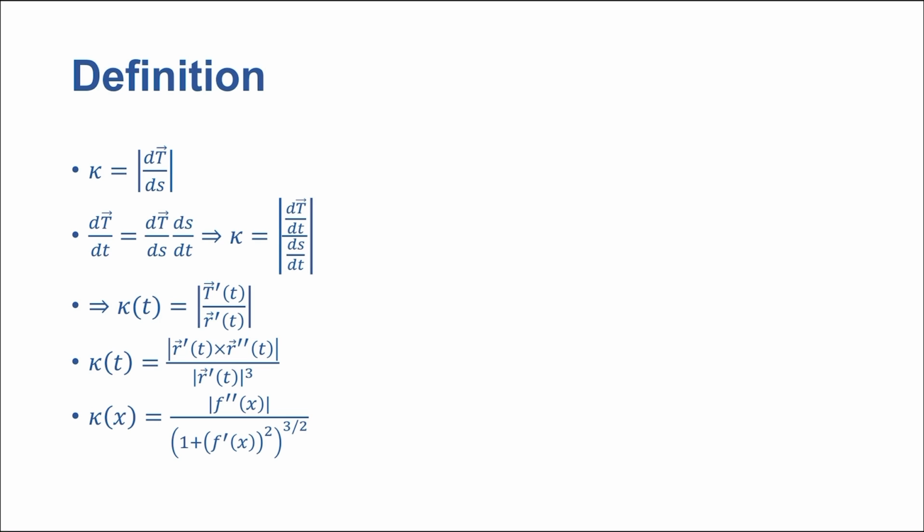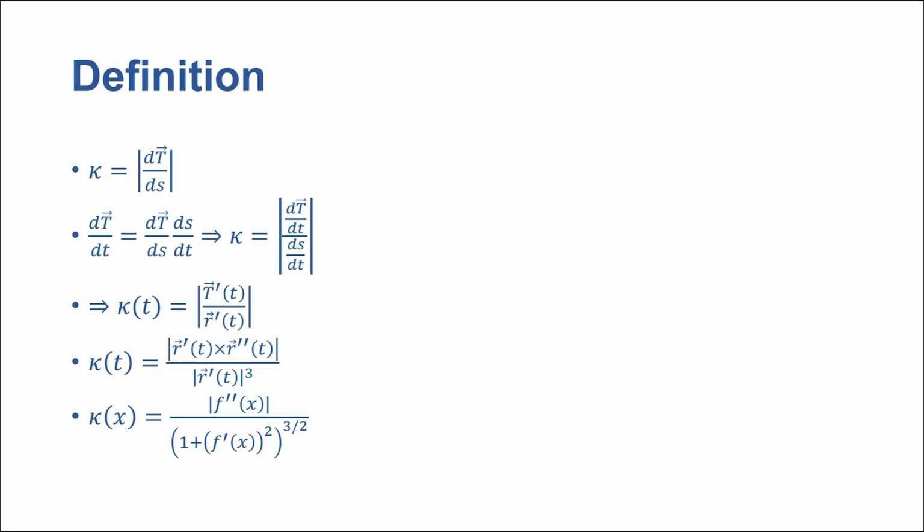So we can define this in terms of our parameter t as opposed to our parameter s. So we can note that dT by dt is equal to dT by ds times ds by dt. So thus we can redefine kappa as being equal to the magnitude of the derivative of the unit tangent vector with respect to t over the derivative of the arc length with respect to t.